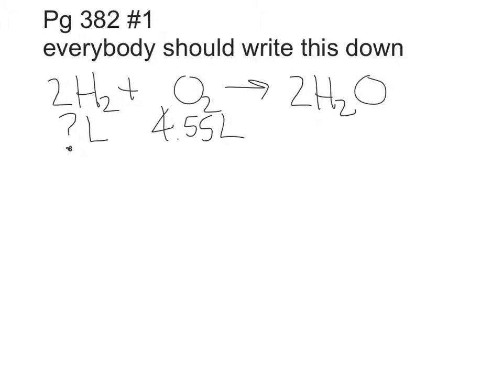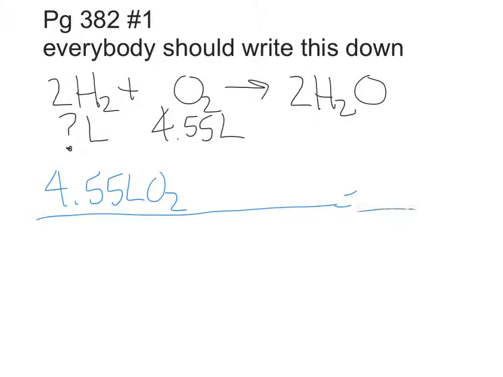All right, so let's do that. We write the given down, 4.55 liters O2, and when we're done, we have to convert 2 liters of H2. All right, so we need the liter or the volume ratio. So on the bottom goes O2, liters of O2. On top is what you need. We need liters of H2. This is the liter ratio. We get the numbers from the coefficients in the problem. So we get a 2 from here.